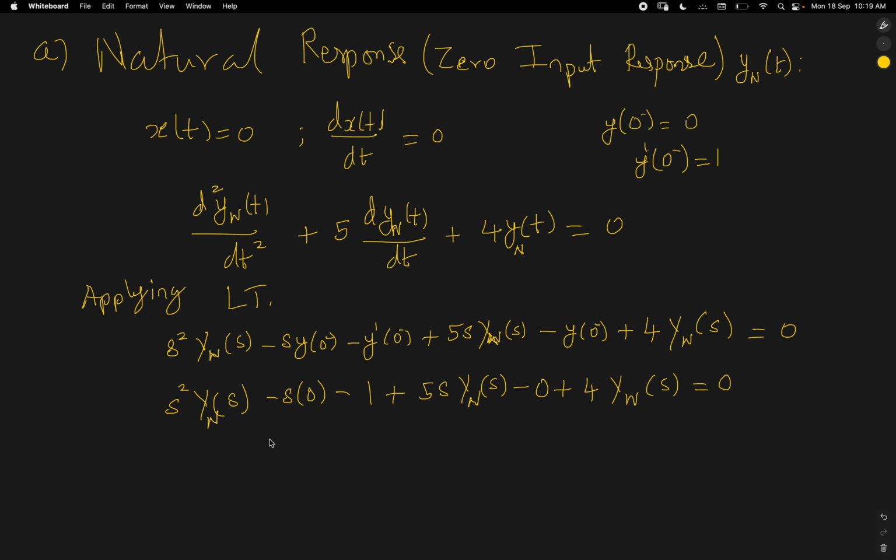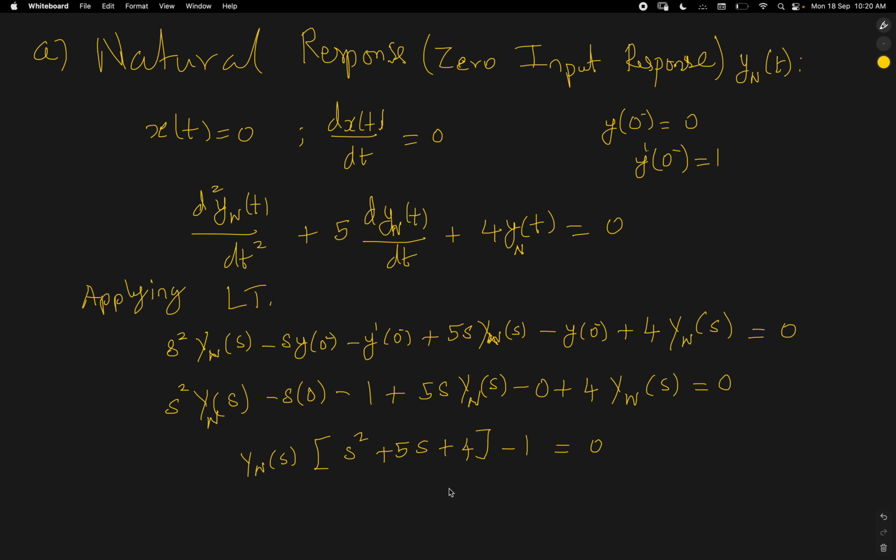So here, to solve this, we need to take the yn of s common. Taking yn of s common results in s square plus 5s plus 4, and the remaining terms are s into 0 becomes 0, we are having minus 1 alone, equal to 0.